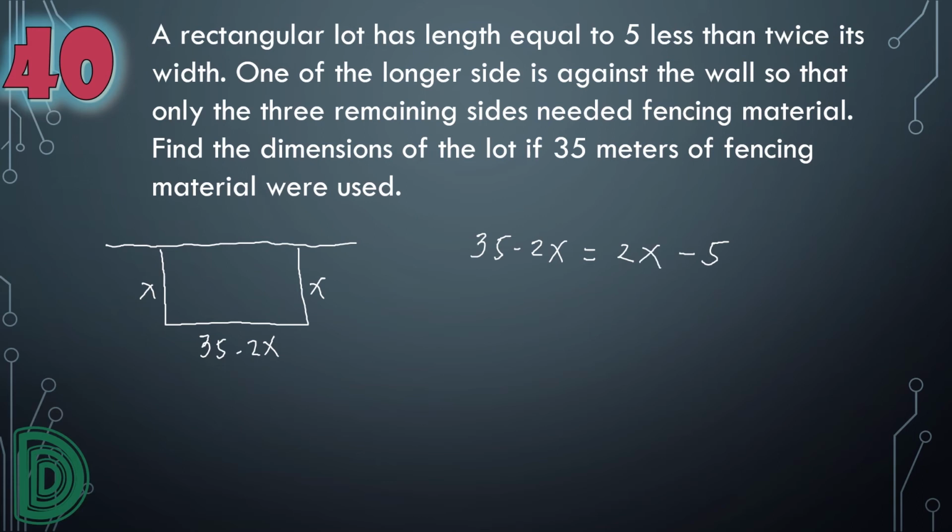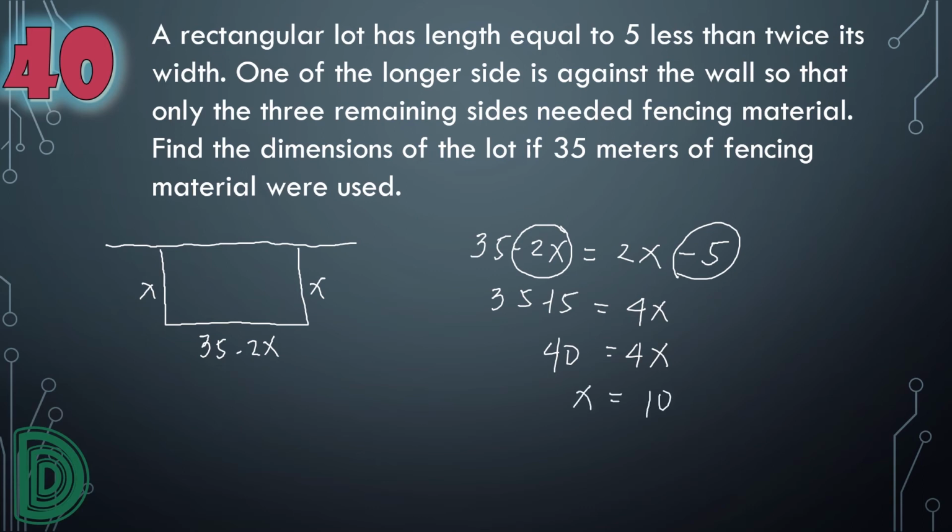So if we solve for x, we will have 35 plus 5, adding 5 to both sides of the equation, and 4x, also adding 2x to both sides of the equation. So we have 40 is equal to 4x. To solve for x, we divide both sides by 4, then x is equal to 10.